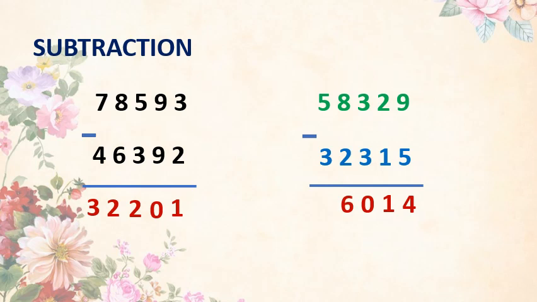And 5 minus 3 is equal to 2. Now we will read the answers of both the sums. The answer for the first sum is 32,201. And the answer for second one is 26,014.